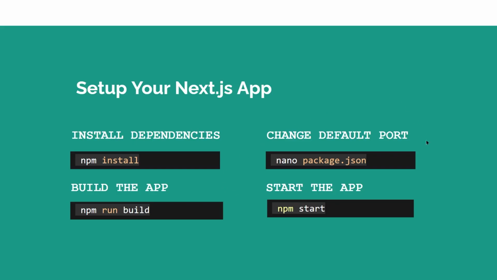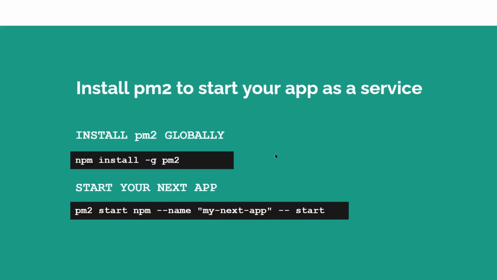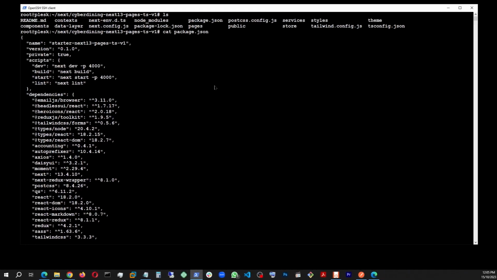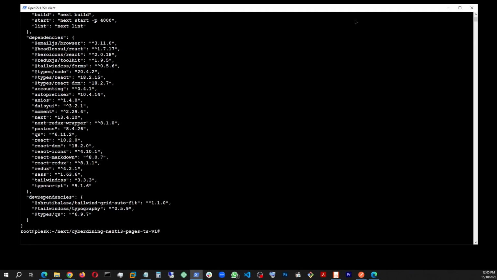But at this point, when you run the start, what's going to happen is, for example, if I run an application here and then I get rid of this window, that server will go down with this console, right?